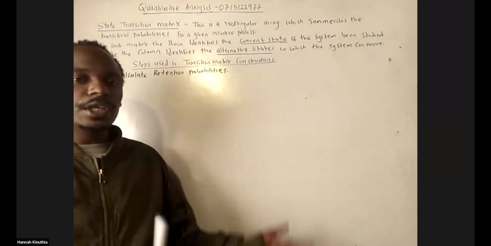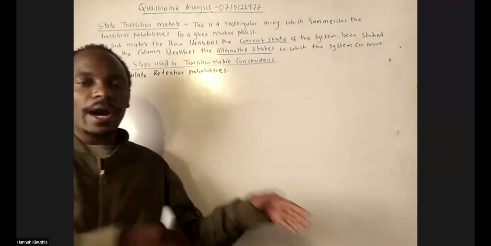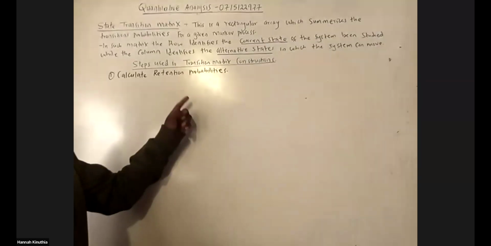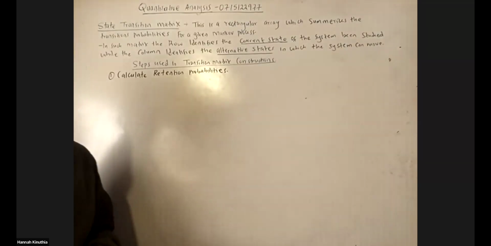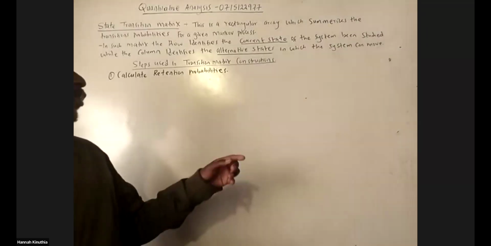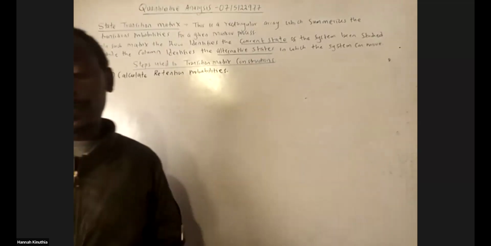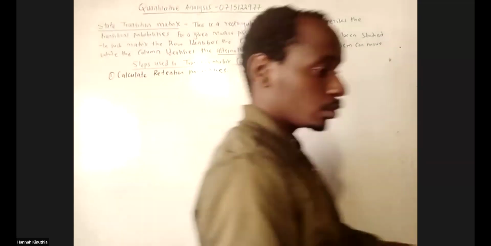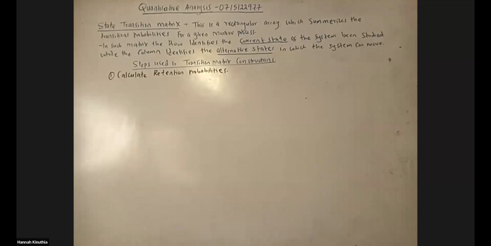Wanatuambia that 80% was retained, then a particular percentage was transferred to others. In some questions unaweza pata they have not provided you with the retention probabilities, so you need to know how to compute the retention probability.